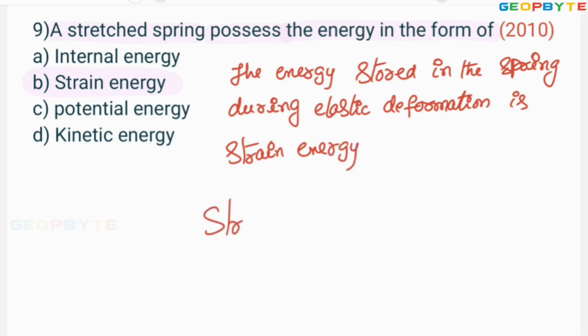That strain energy may be denoted by U equal to sigma square by 2E into AL.